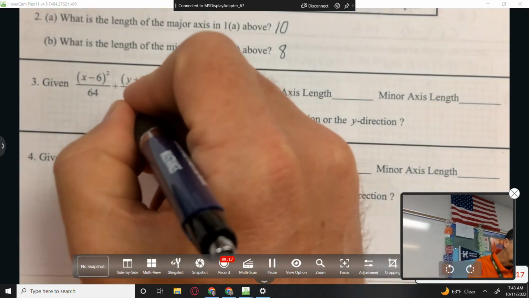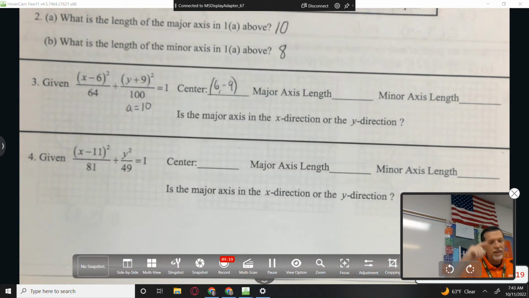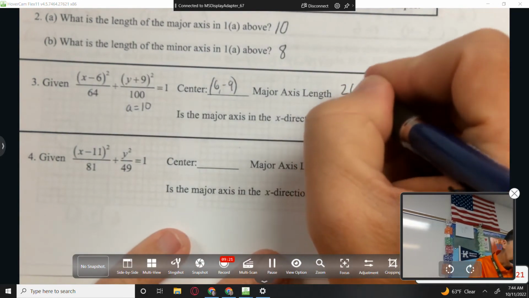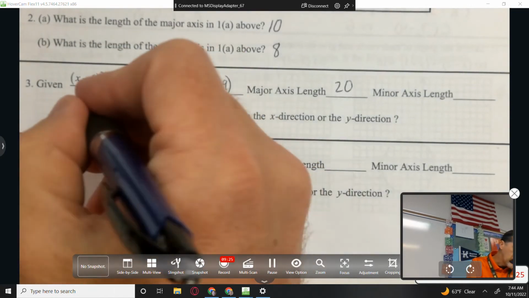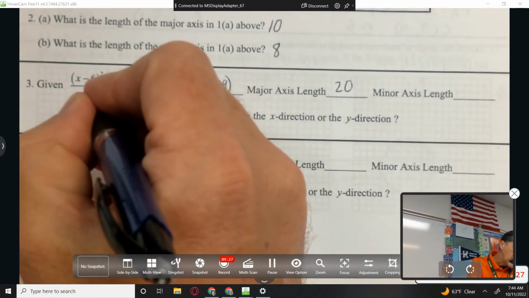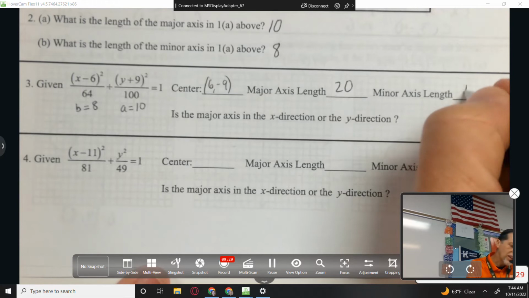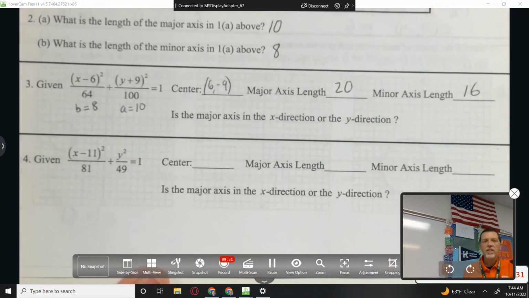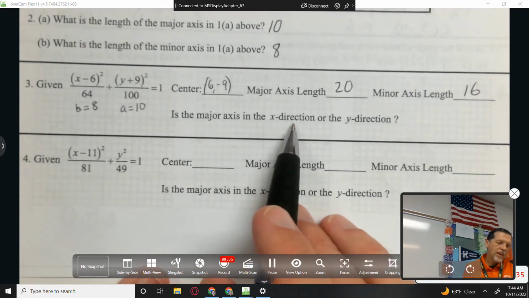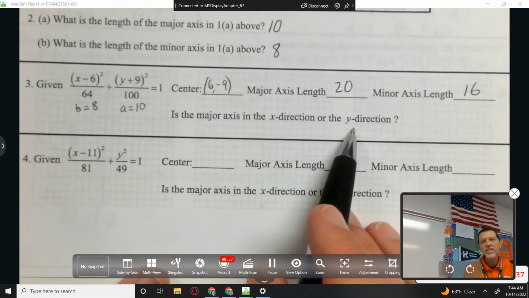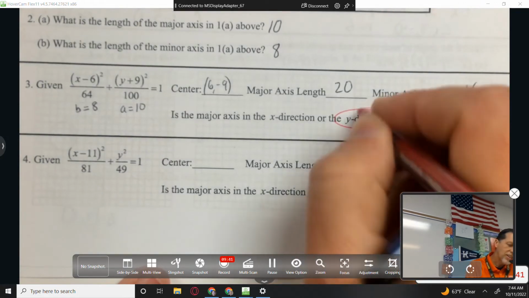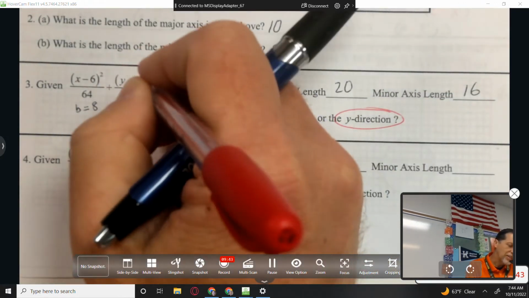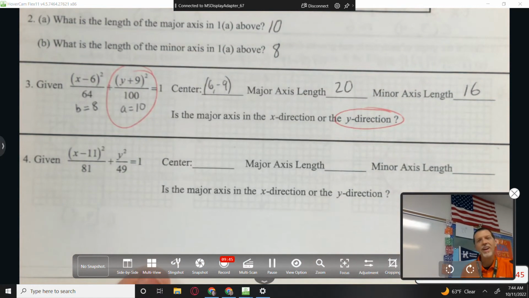So the longer one is 10, but you got to go 10 on either side. So 20. The shorter radius is 8, but you got to go 8 on either side. So 16. And then is the major axis in the x direction or the y direction? And why is it in the y direction? It's like, cool, because that's where the bigger one was. So, yes.